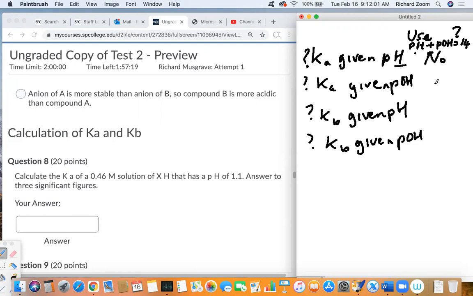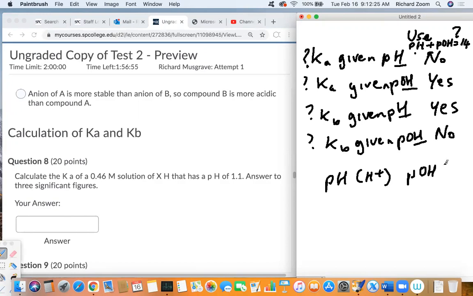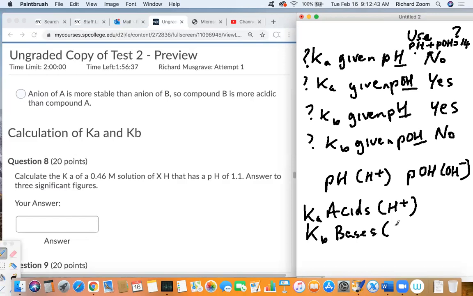If you've got Ka and you're given pOH, then you would. If you've got Kb given pH, you would. But if you got Kb given pOH, you wouldn't. Remember that pH is from H plus and pOH is from OH minus. And acids give H plus. So Ka is acids, that's H plus. And Kb is bases, which gives you OH minus.